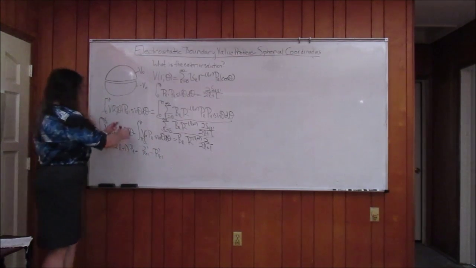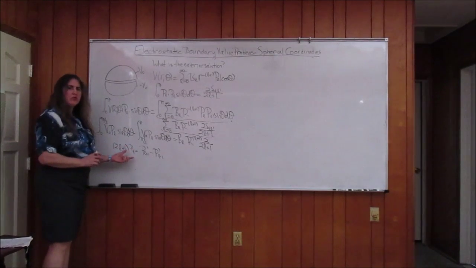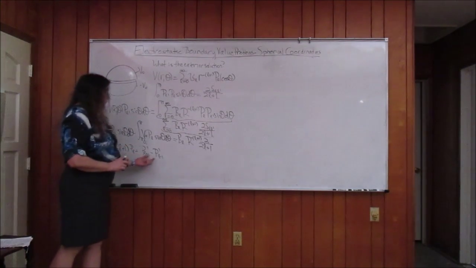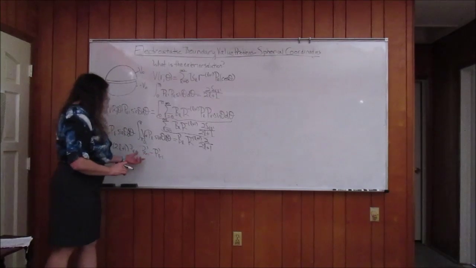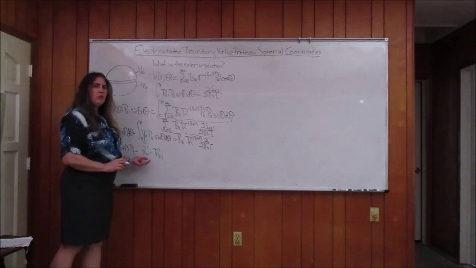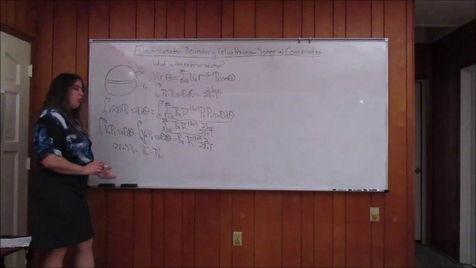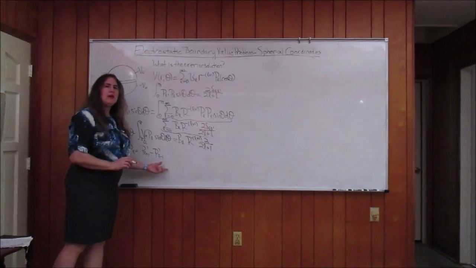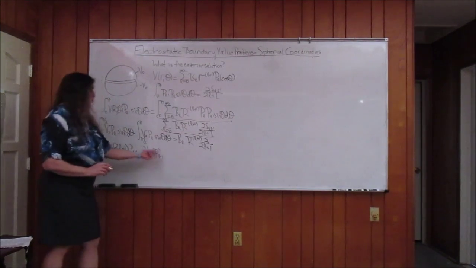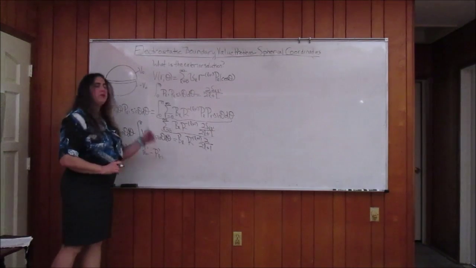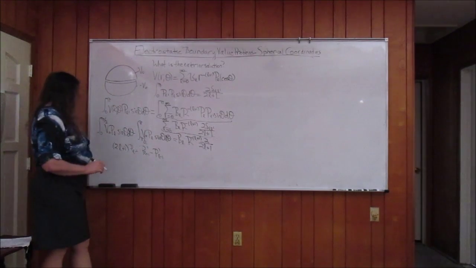So in other words, this is a way of relating the L-th order Legendre polynomial to derivatives: the derivative with respect to cosine theta of the L plus 1 order Legendre polynomial, and the derivative with respect to cosine theta of the L minus 1 order Legendre polynomial.